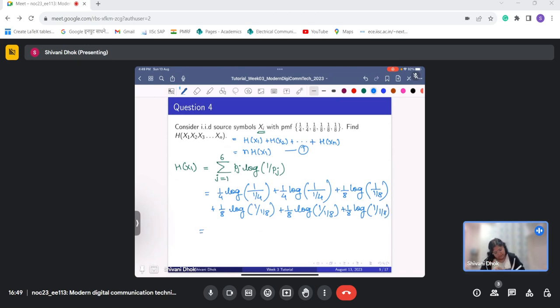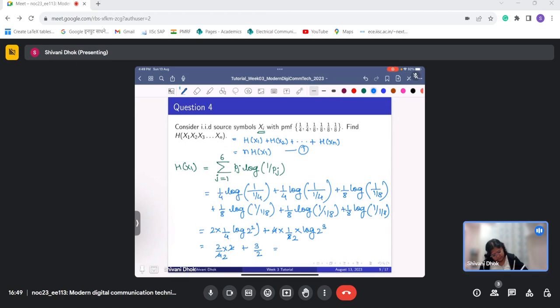So what we have is 2 times 1 by 4 into log of 2 square, plus 4 times 1 by 8 into log of 2 cube. So this comes out to be 2 by 4 into 2, plus 4 by 8 into 3, which is 3 by 2.